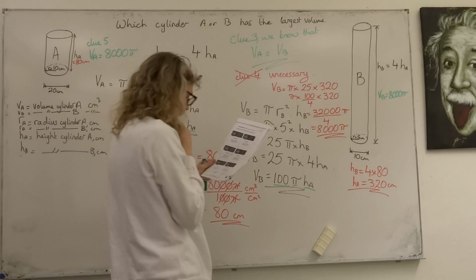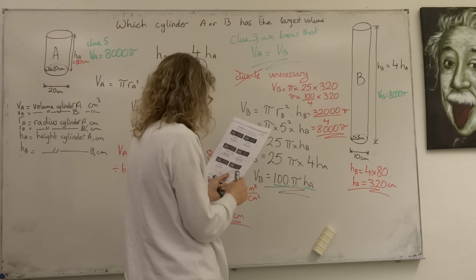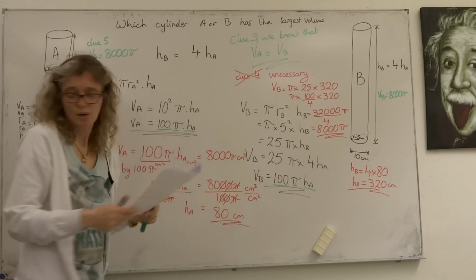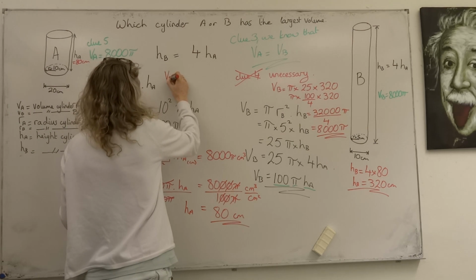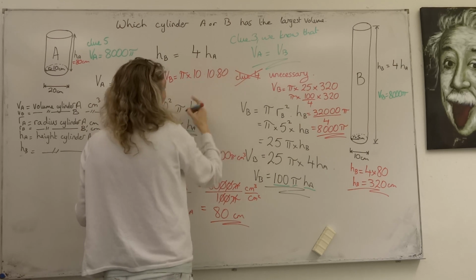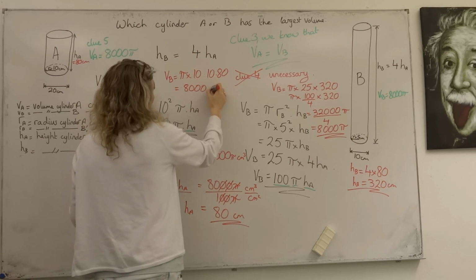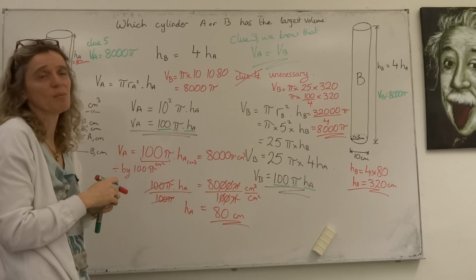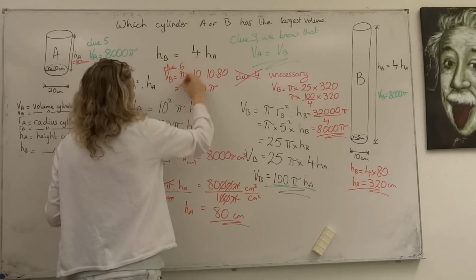And the last clue, clue 6, is that the volume of cylinder B can be expressed as pi times 10 times 10 times 80. Well, it can be expressed as anything like that because we know that the volume of cylinder B is 8,000 pi. 80 times 10 times 10 times pi. So it's basically giving us the same information as clue 5 gave us. So clue 6 is also unnecessary.